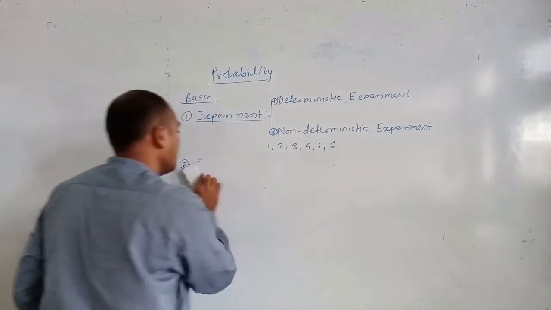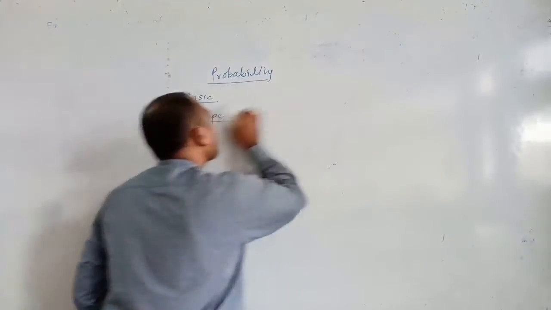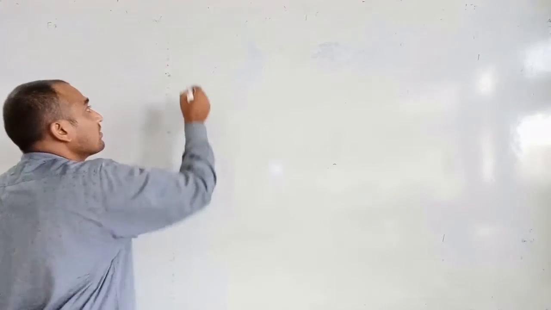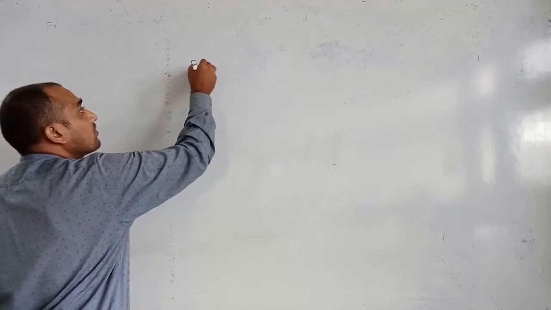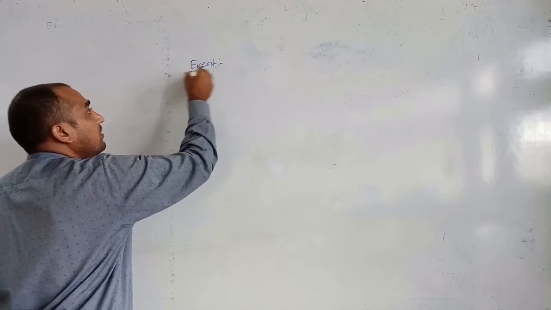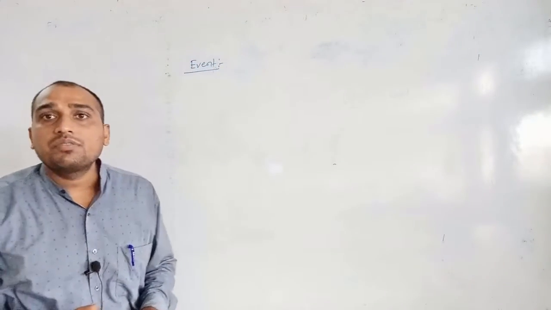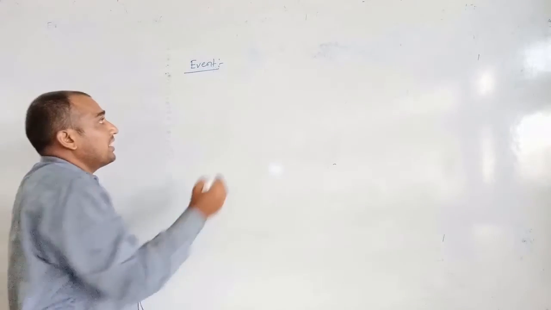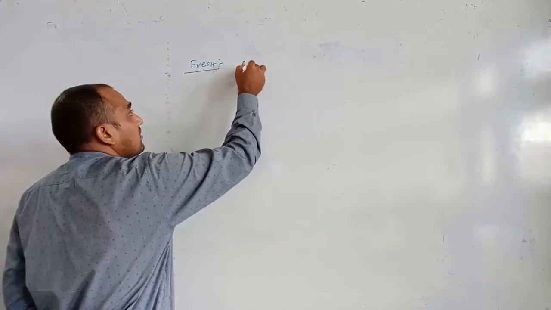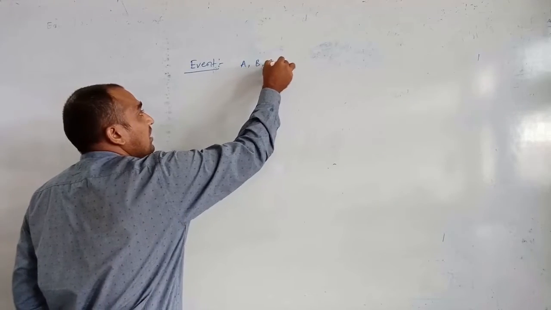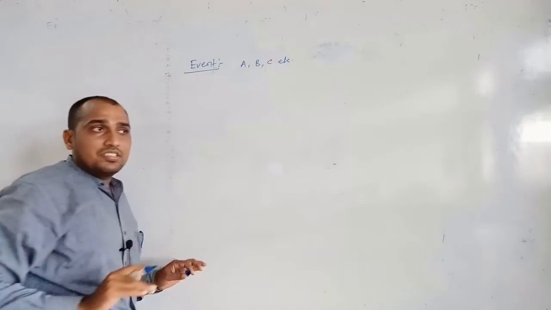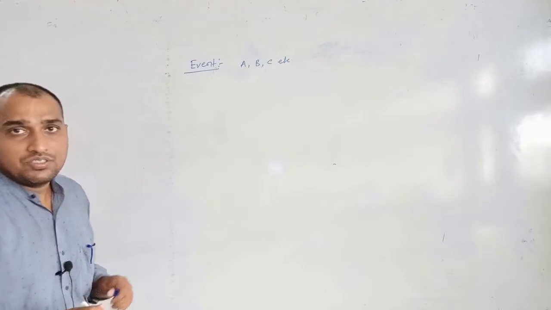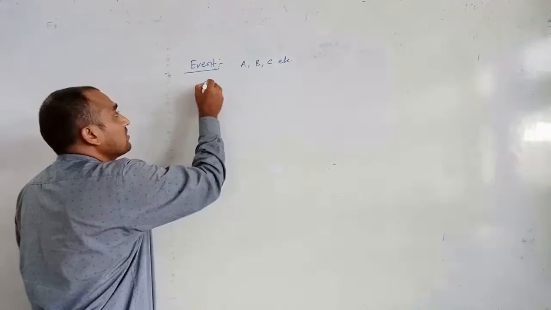After that the term is event. Any subset of the sample space is called an event. It is denoted by capital letters A, B, C, etc. If my experiment is throwing a die, what are my outcomes?